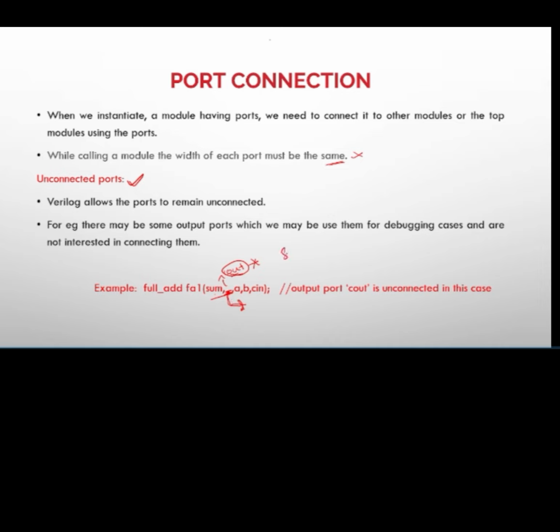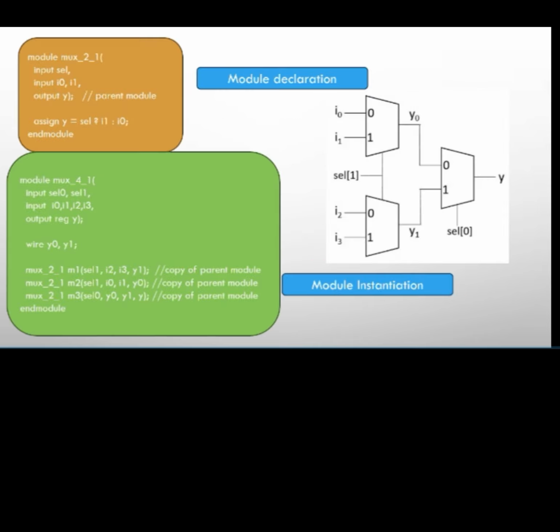If you don't leave any space, it will throw you an error. The simulator should know that there is a port there and that it is left unconnected, so you should leave some blank space, that means one space. Basically, this is the port connection concept.